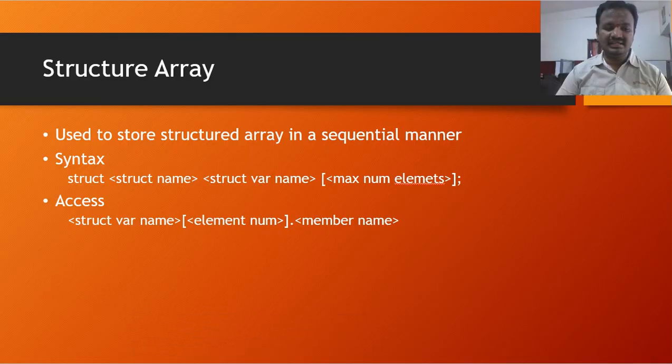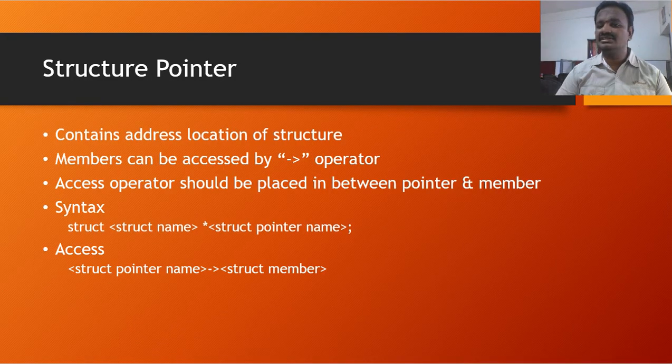Then we have an option called a structure pointer, similar to an integer pointer which points to an integer location. Here we have a structure pointer that can be used to access the structure, and its members can be accessed by the arrow operator, which should be placed between the pointer variable and the member name.